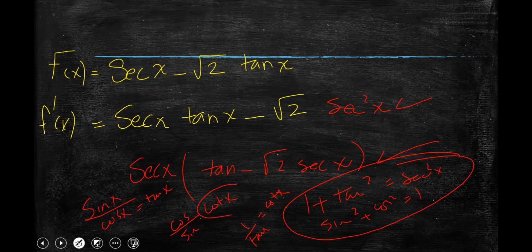The secant in the red color, you wrote it down with the parentheses. Isn't it different from the yellow one? No, in this parentheses I took secant x as a common factor. Oh, okay.